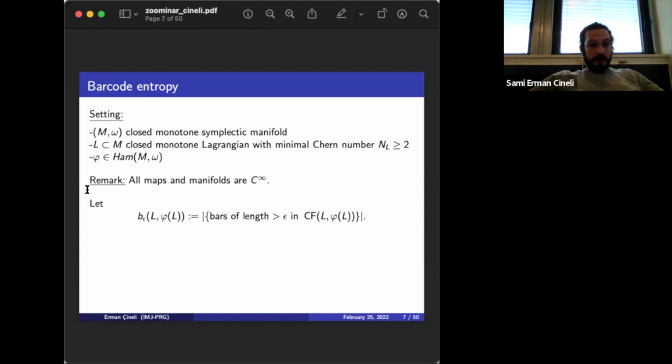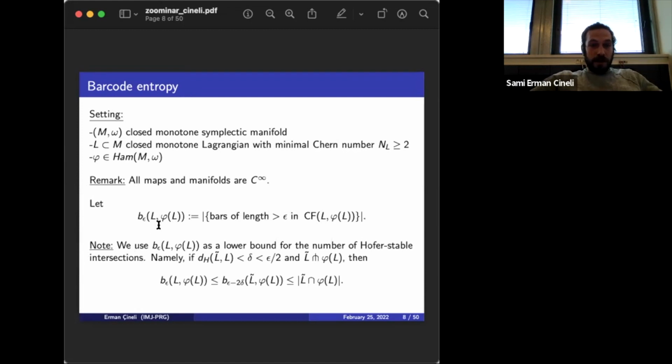Now, with L, phi, and M as above, let b_epsilon(phi, L) be the number of bars in the barcode of the Lagrangian Floer complex of length greater than epsilon. I will briefly talk about barcodes in 5-10 minutes.